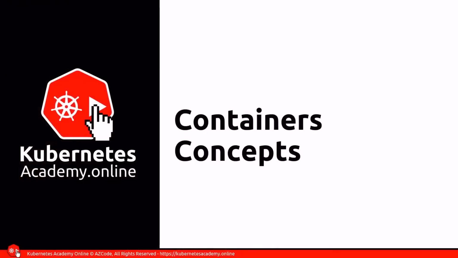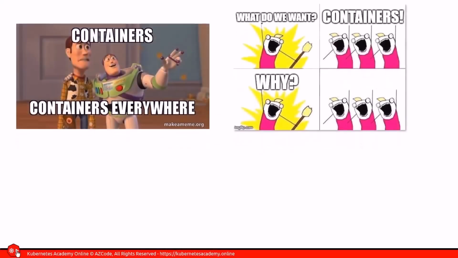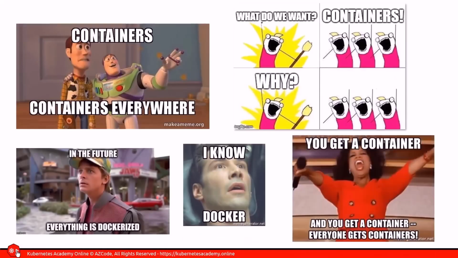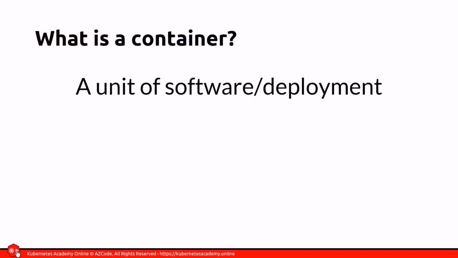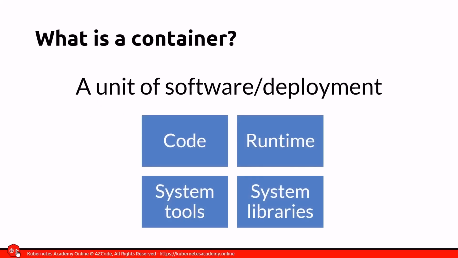Let's now talk about the containers concepts. Containers, containers, containers. They are everywhere, but what are they exactly? A container is a unit of deployment. It contains everything needed for the code to run.